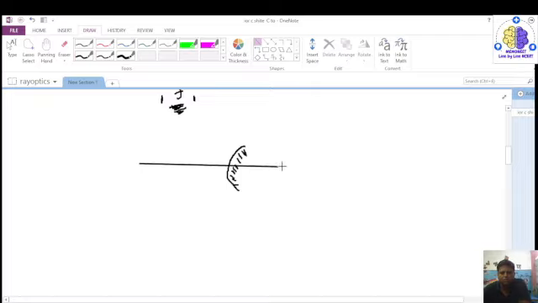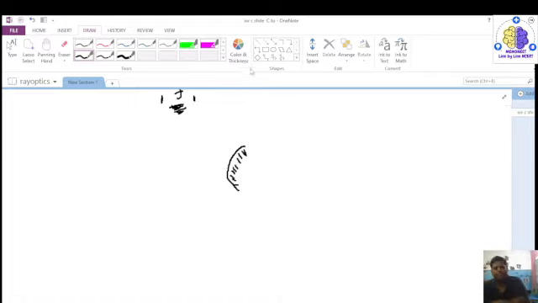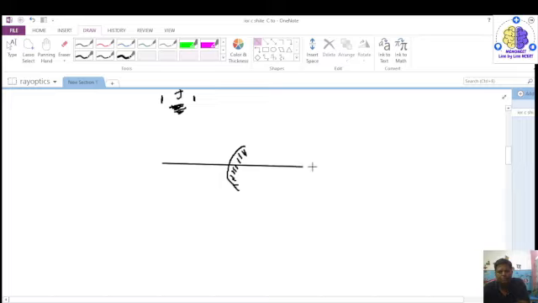Let this be the principal axis, and the center of curvature will be here. This is the center of curvature, right? And this is the pole.